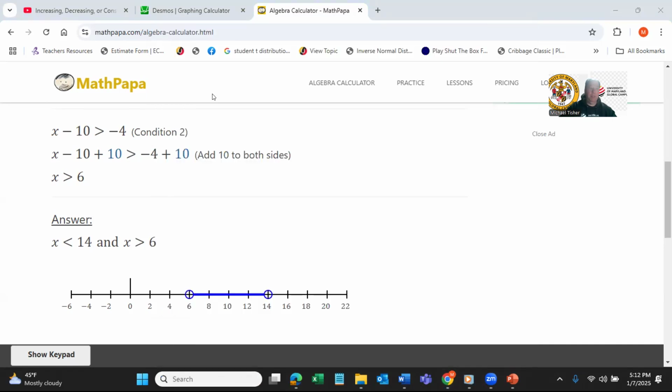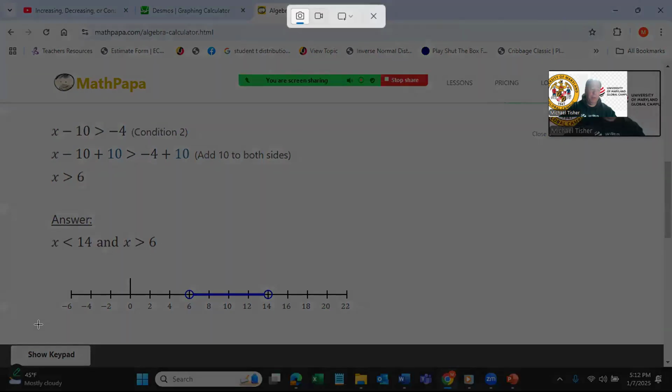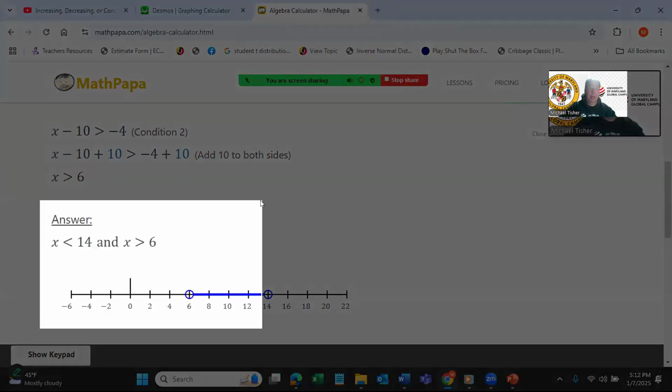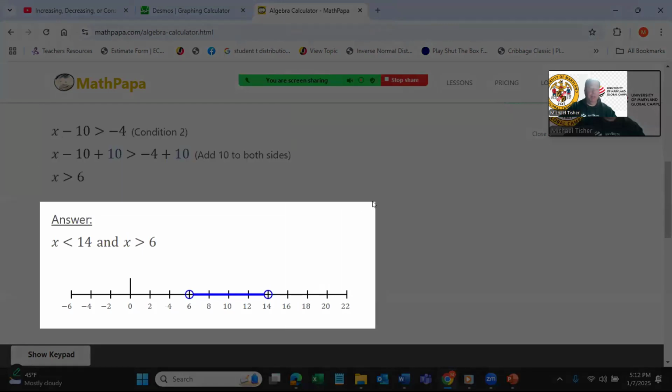So let's copy this into our way number 3. I won't do the entire work for the answer, but I'll just put the answer itself.